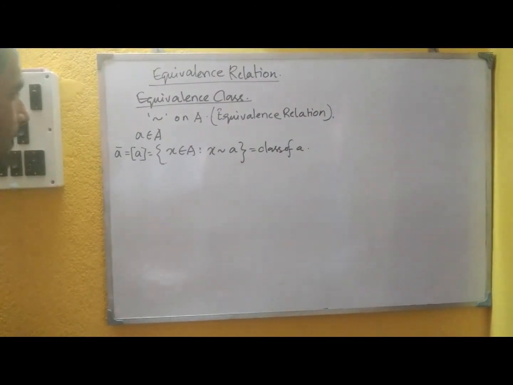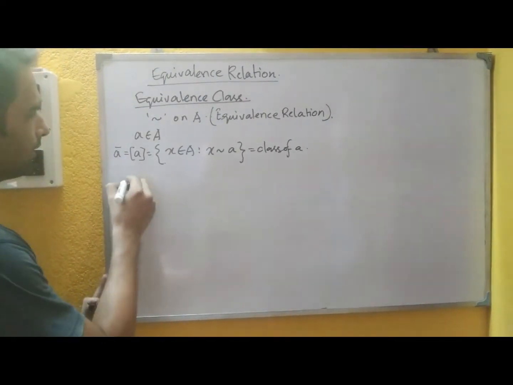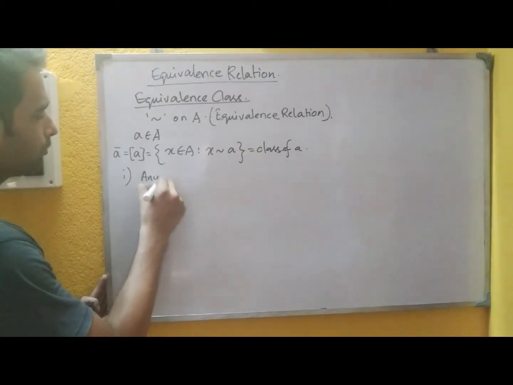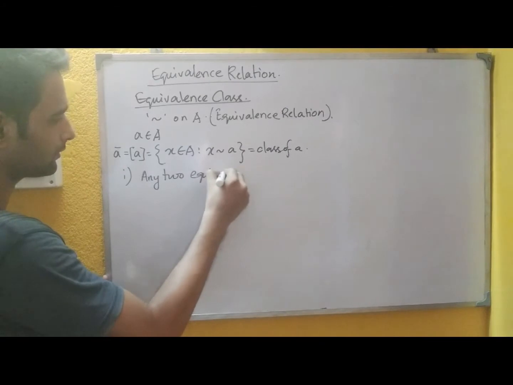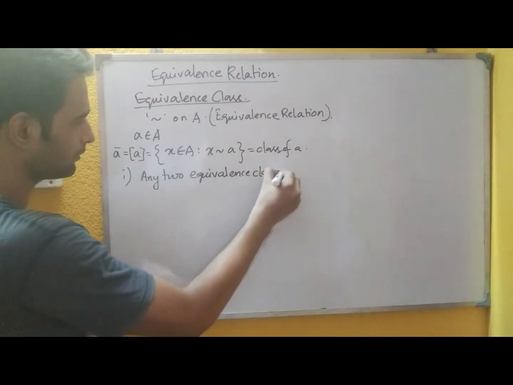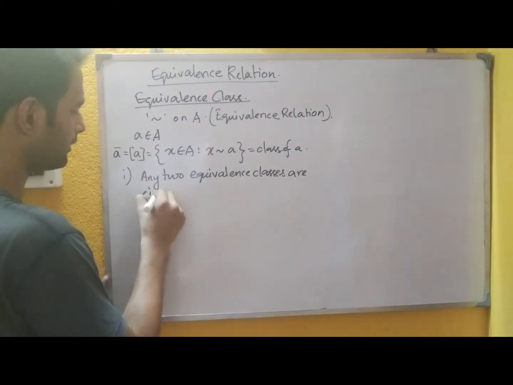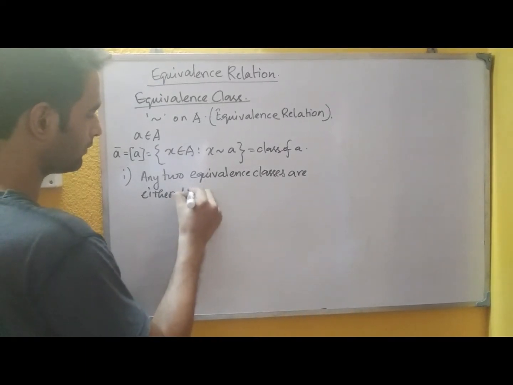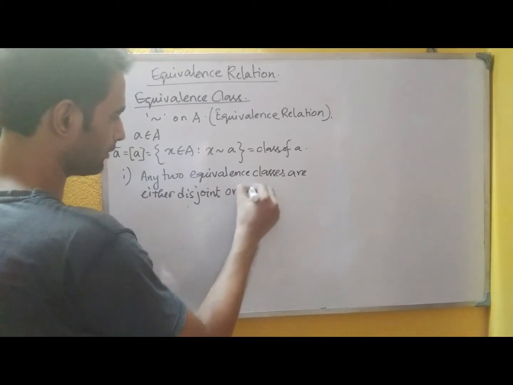So a few things to know here about equivalence classes. Number one, that any two equivalence classes are either disjoint or equal.